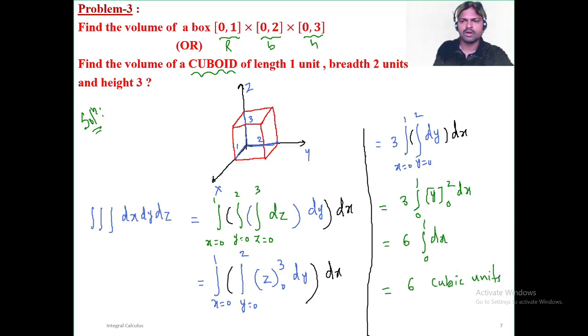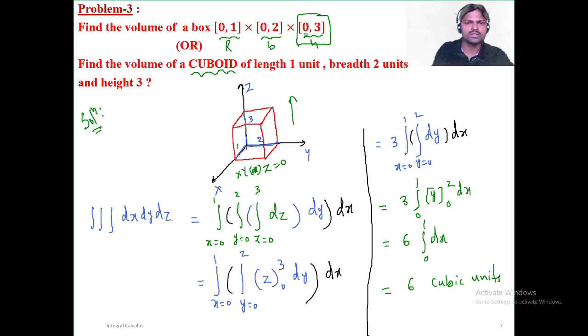How the limits take place, look at once again. Since z varies vertically, starting from the xy plane, so starting from 0, because z varies from 0 to 3, the lower bound is 0, the z value is 0 in the xy plane. So starting from the xy plane, 0 to the upper bound 3, in this direction. Next come to the x and y limits. If you come to the x and y limits, that means you are in 2D.